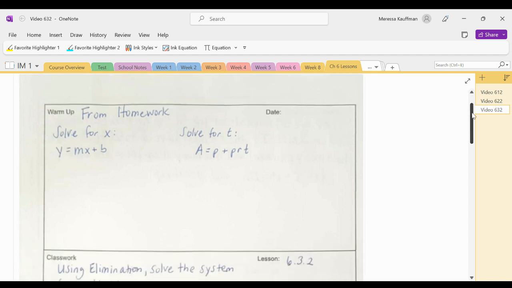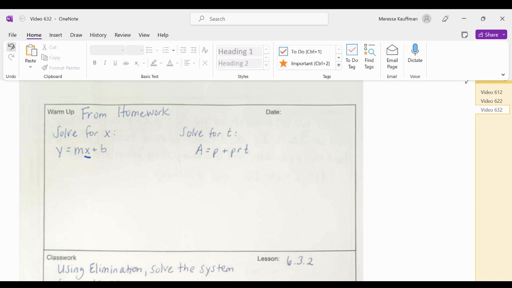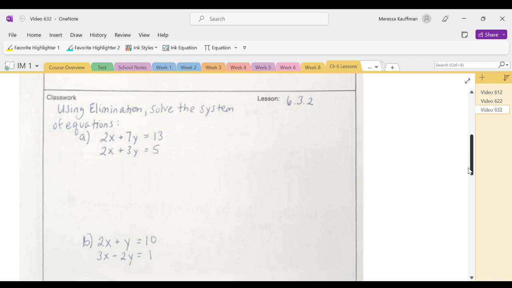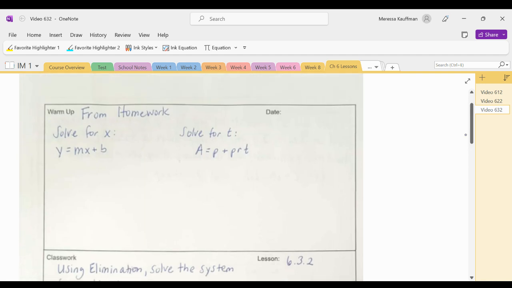The first one says solve for x, and this equation should look familiar to you. This is our linear form of our linear equation, and I want to solve for x. So this is the variable that I would like all by itself. Because of that, I'm going to move that b over first.